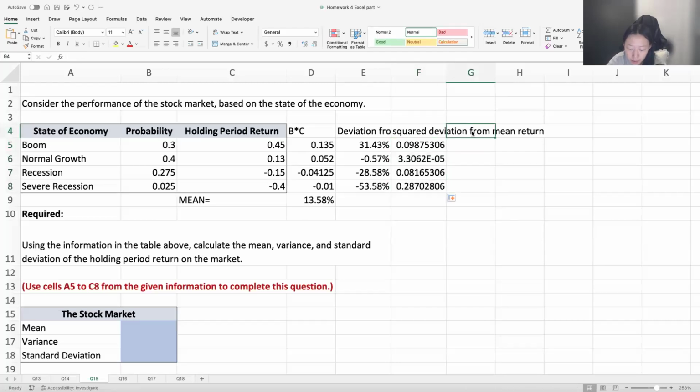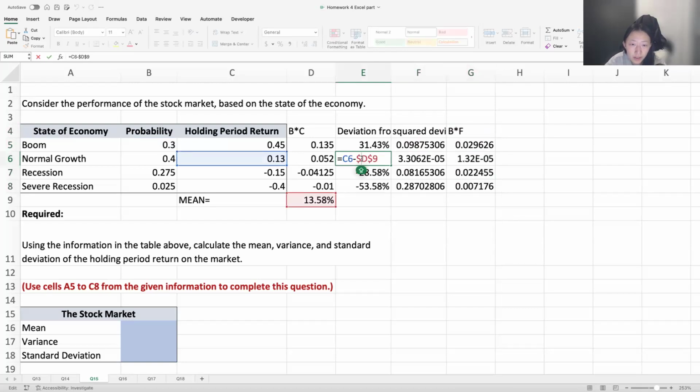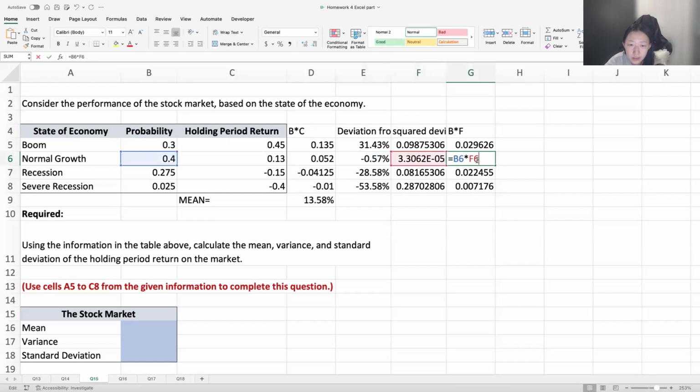And here will be column B times column F. Hold on a second, I think there is an issue here. Okay, there's no issue here. Good.